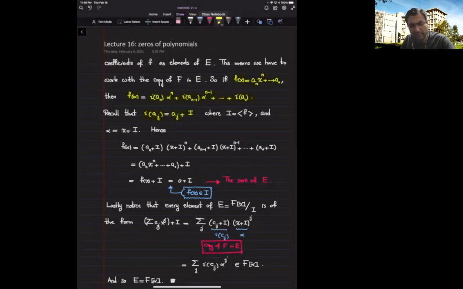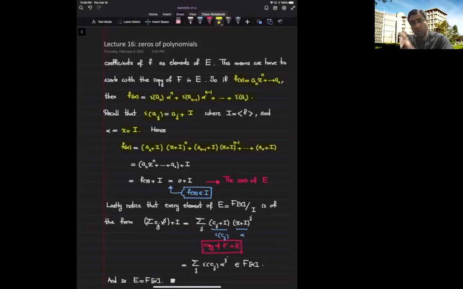Now, what is alpha? Alpha is the coset that's represented by x. That means f of alpha is this quantity. It's the coset represented by a_n times the coset represented by x raised to the power n, plus the coset represented by a_{n-1} times the coset represented by x raised to the power n minus 1, and so on.